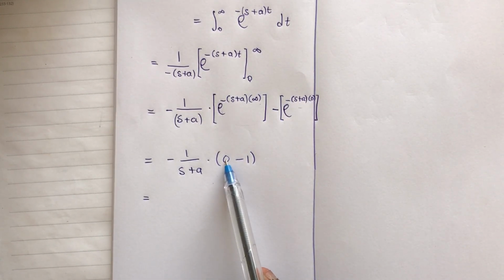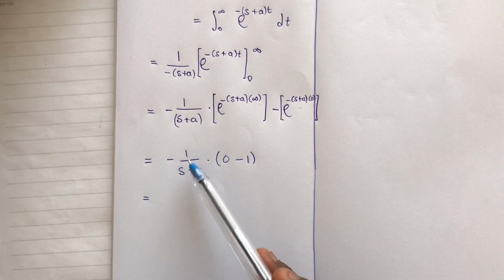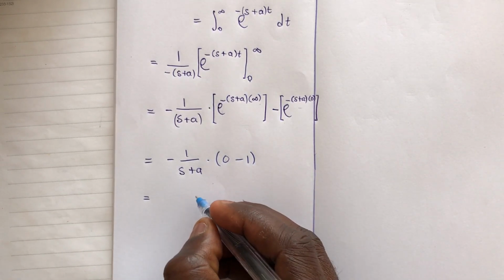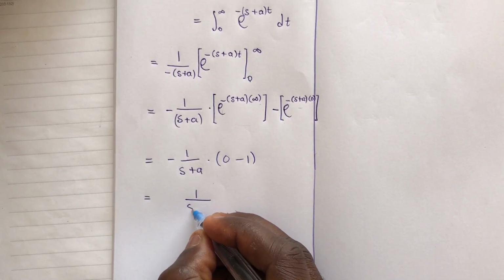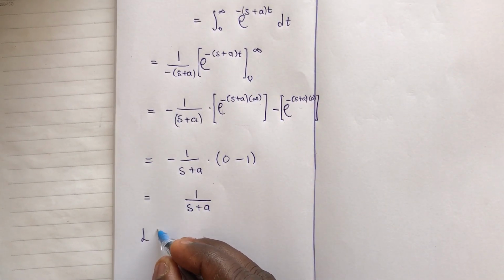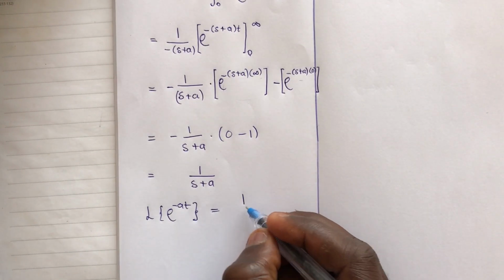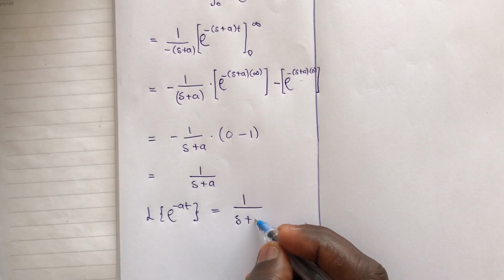This will multiply 0. The result is 0. We are not interested in that. Then this times this is what we are looking for. So negative this times negative 1. The result is giving us 1 over s plus a. So now the Laplace transform of e to the power negative at is giving you 1 over s plus a.